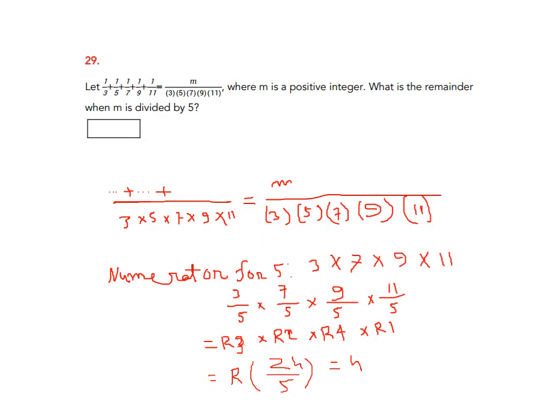The product is 24, and divide it again by 5. So the remainder will be 4. So the answer is 4. We do not need to multiply all these big numbers. We just analyze logically and find the trick to handle it easily. You can do it elaborately and check what I have said.